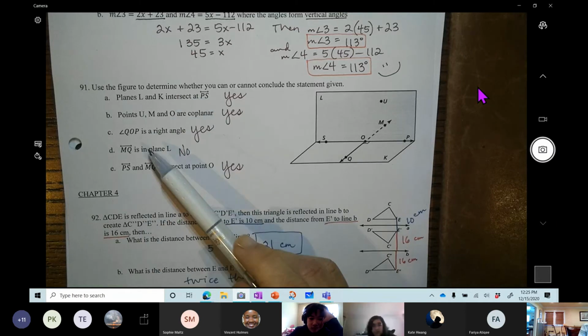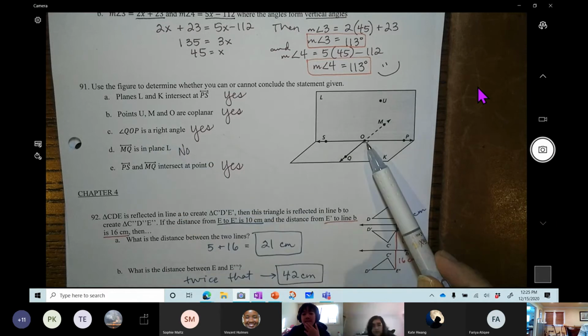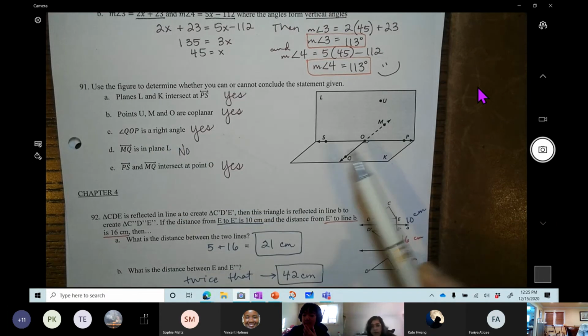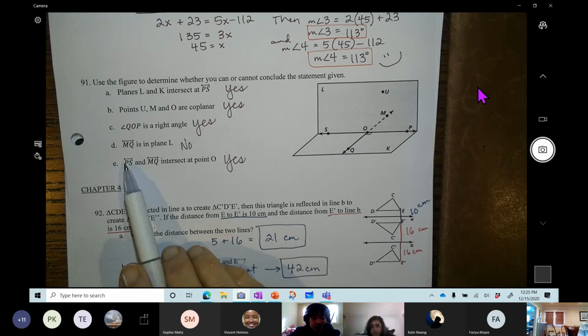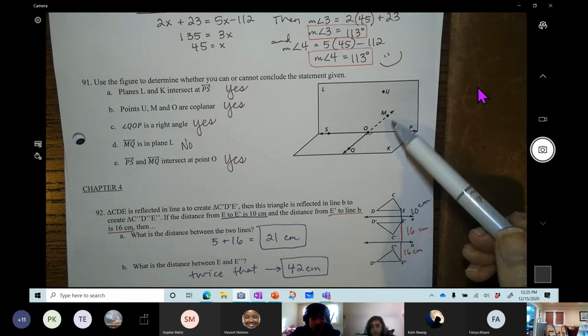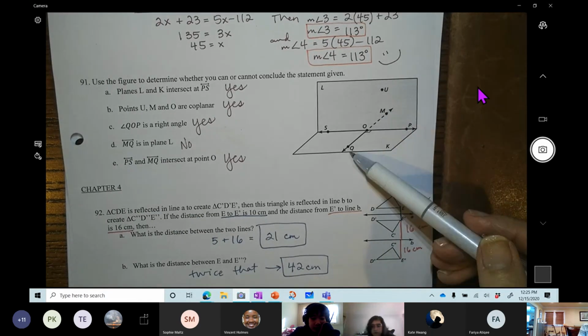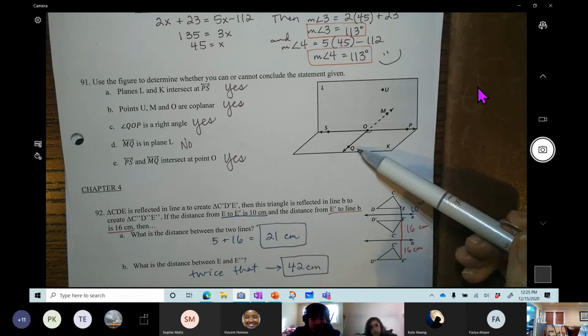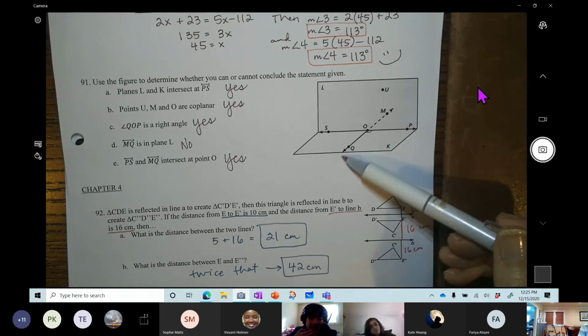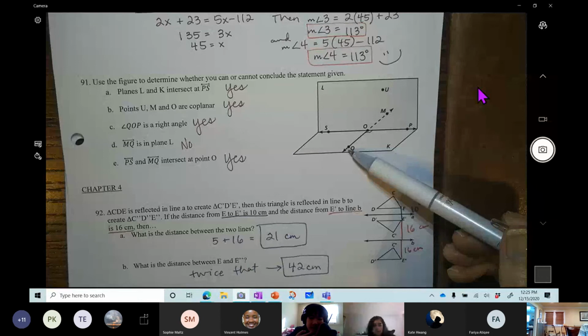Angle QOP is a right angle. Okay, QOP is a right angle. It is marked. Yes. But now this one says MQ is in plane L. M is here, and it continues through this line through Q, but once it goes this way, you can't say that it's in plane L anymore.